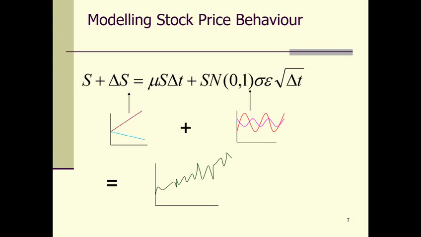Now the volatility, represented by sigma, measures the wave. So if sigma is big, then you have a big wave. If sigma is small, then you have a small wave. Now if you combine the two, this is what you get. If you look at charts, some of you who trade in the market and technical traders, you probably look at a lot of charts, right? So this chart here is the result of combining those two together.